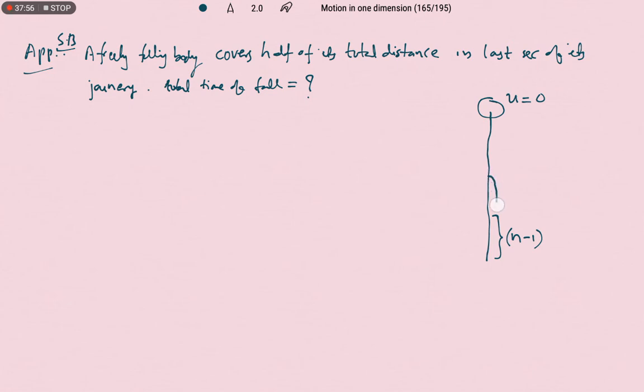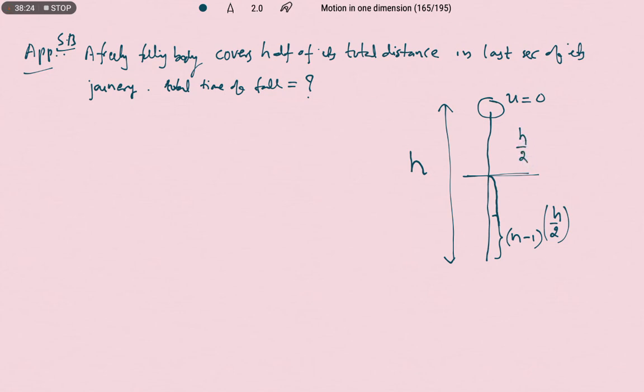Suppose the total vertical length covered by it is h. And in the last second, how much distance is it covering? h by 2 it is covering. Now they are asking what will be the time for its journey. So in the last second, h by 2.